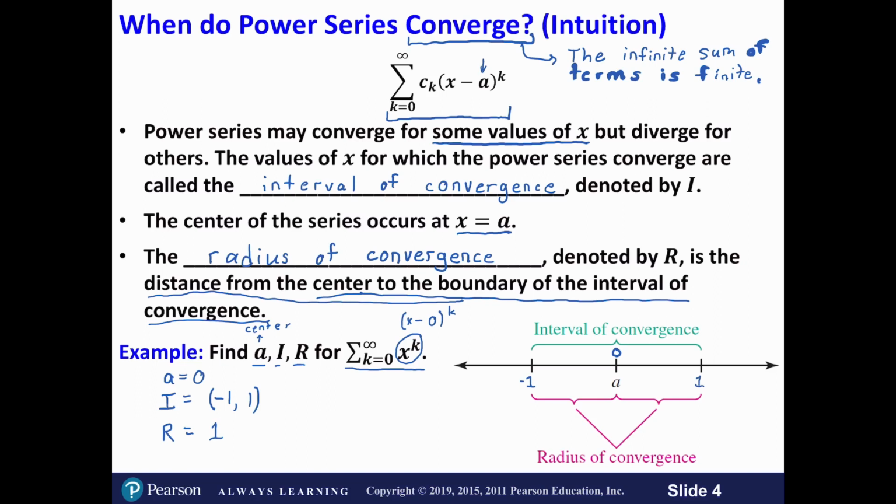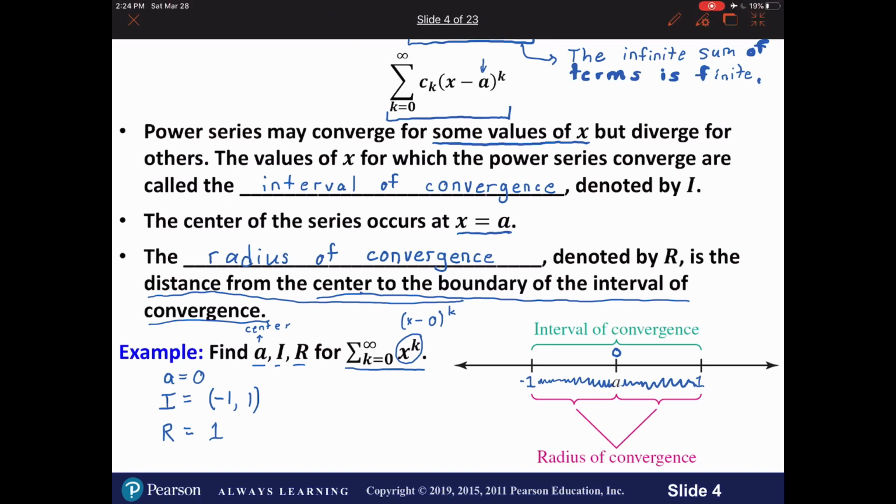See that? It is either this distance or it is this distance. Either one. That's the radius. Alright, let me erase that because that looks confusing. Okay. So those are the key definitions to know here.